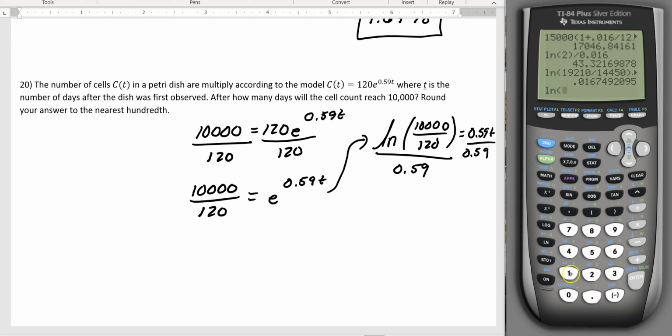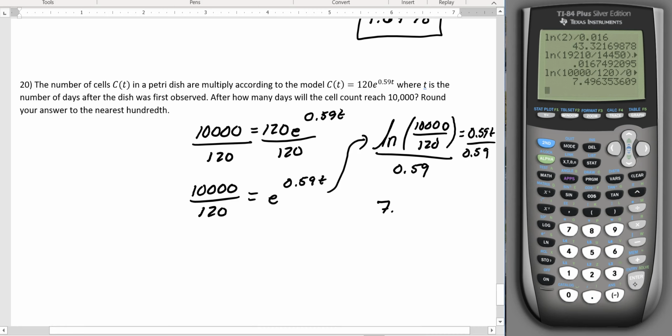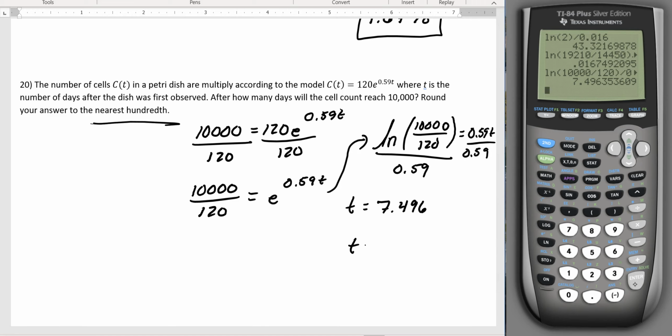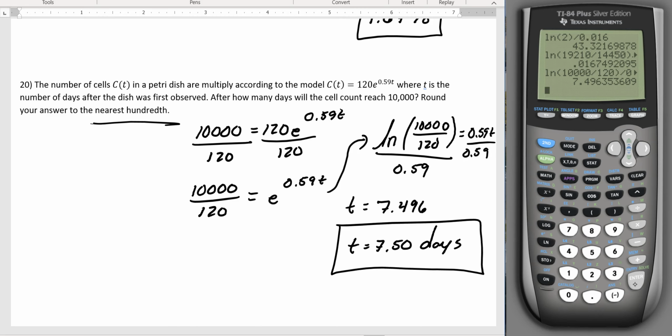So I'll do the natural log of 10,000 divided by 120, and then divide all that by 0.59, and I get 7.496. And this is what t equals, which means round your answer to the nearest hundredth, of course. So t will equal 7.50 days. And there you go.